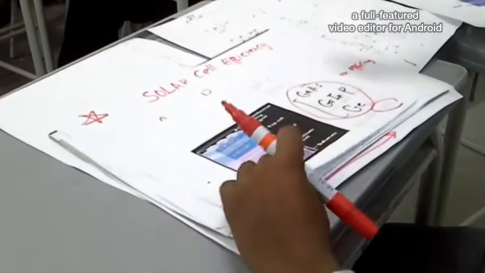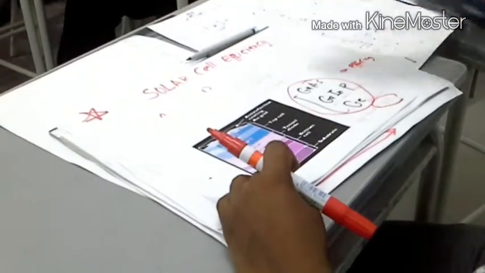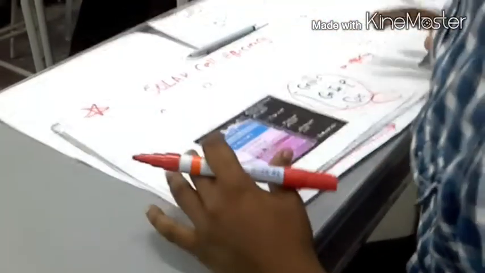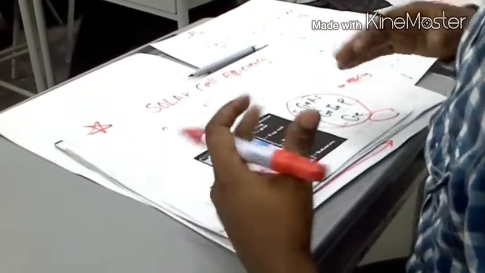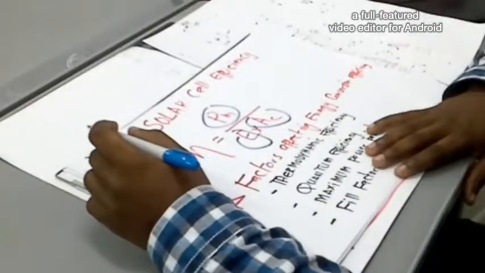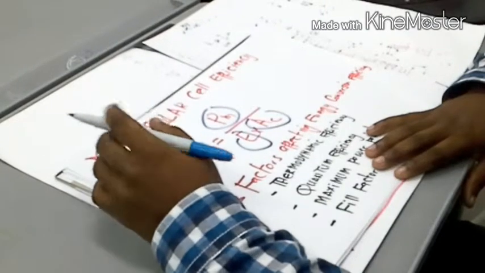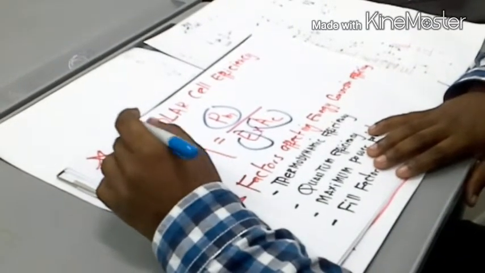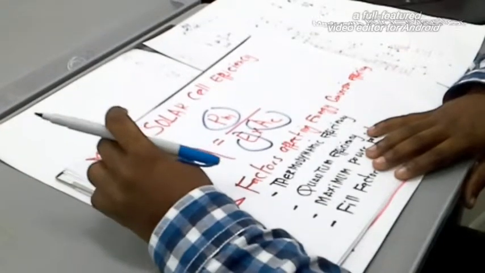So let's see what the efficiency is, because if you need to buy a solar cell, you have to know some parameters. One of the main parameters is the solar cell efficiency. The solar cell efficiency is the ratio of the electrical output of a solar cell to the incident energy in the form of sunlight.